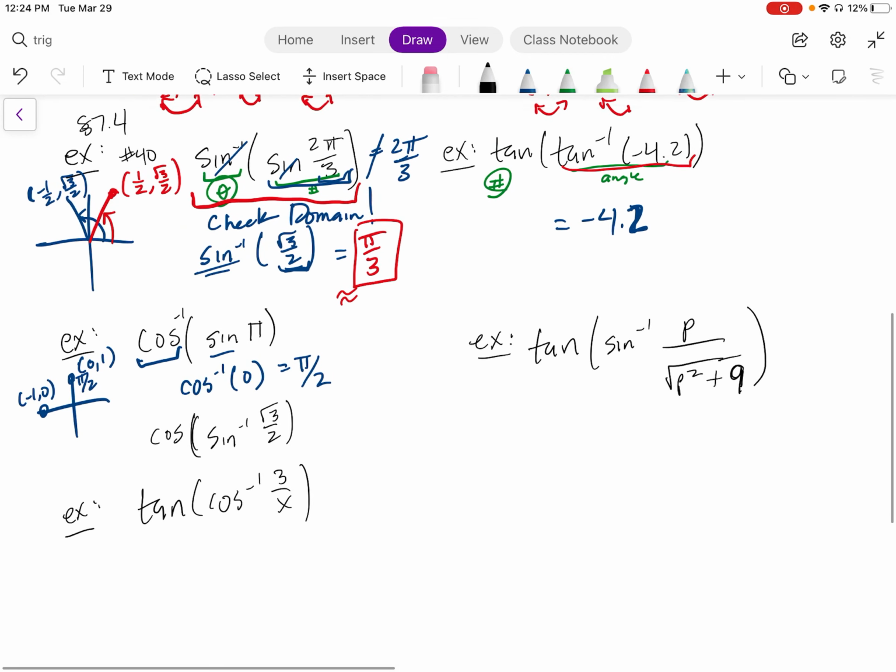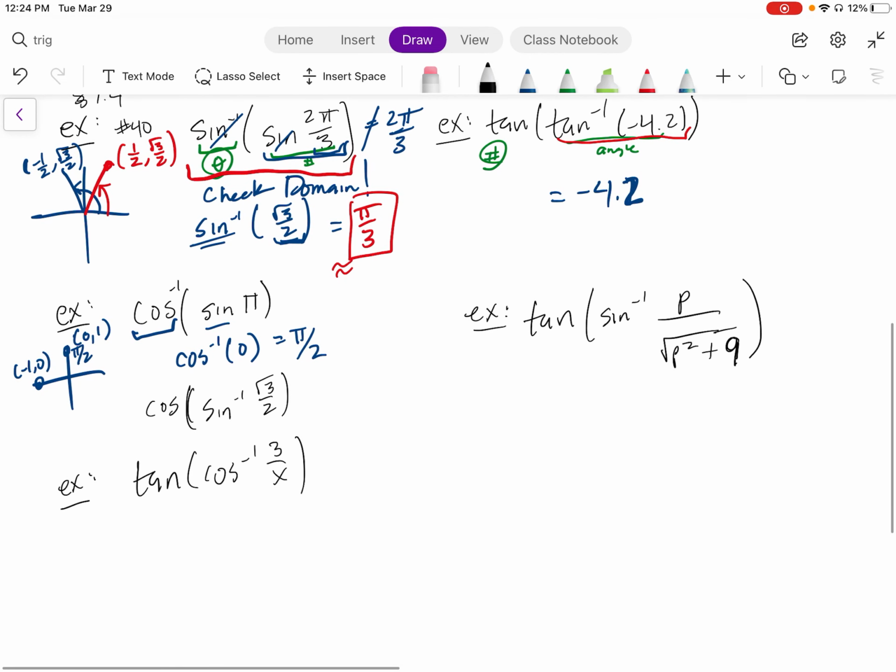So sine inverse root 3 over 2, as we stated in red right here, we have that answer. It was pi over 3. So cosine pi over 3, so cosine of that angle is 1/2. Right?